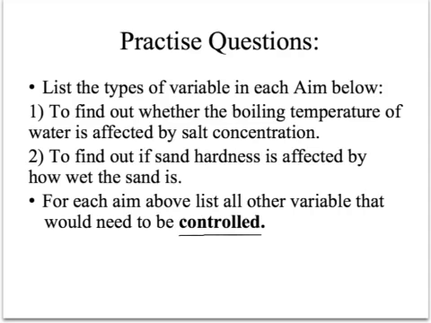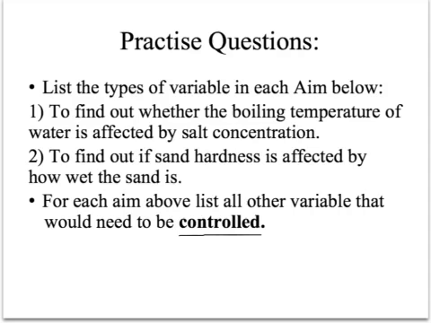For the second, for the sand hardness test, well, you would have to make sure you started each test with dry sand and then added a fixed amount of water to the same amount of sand. The amount of sand is certainly one thing.